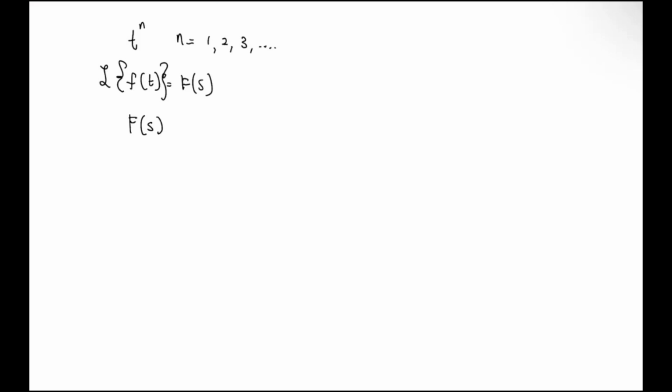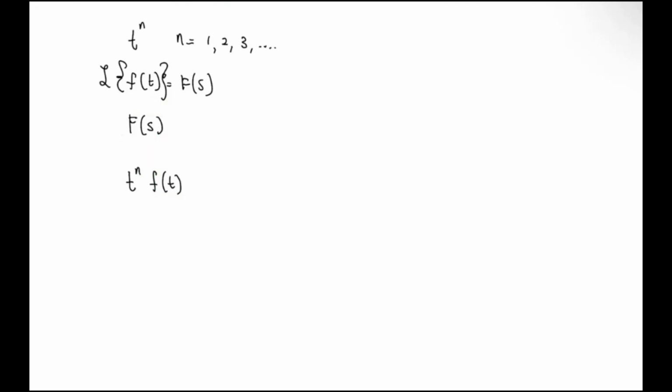Now let's say we have a function t^n multiplied by a function f(t). Just now we know that if we transform this f(t), you get F(s). So what happens if we have function t^n, for example t to the power of 2 or t squared, multiplied by f(t)? You already know the Laplace transform of f(t), which is F(s).